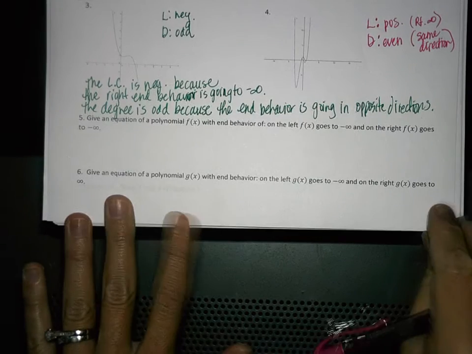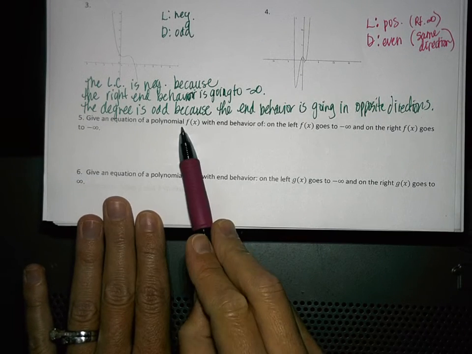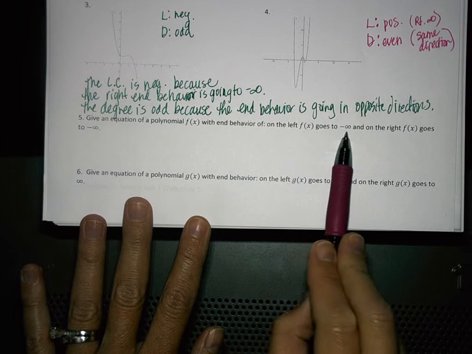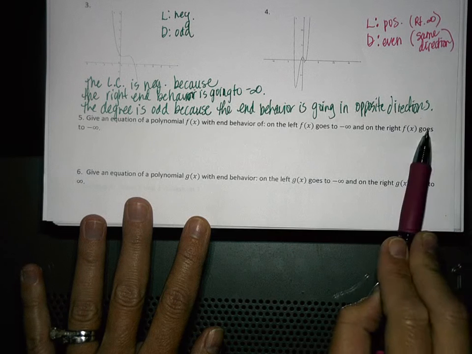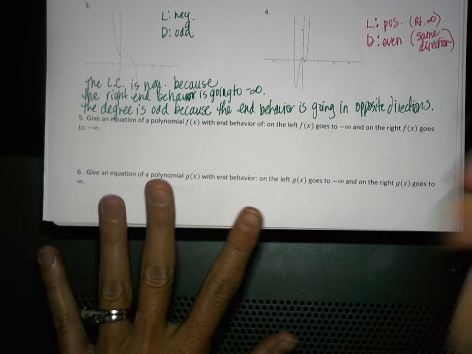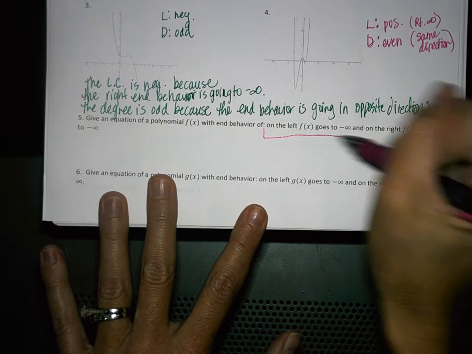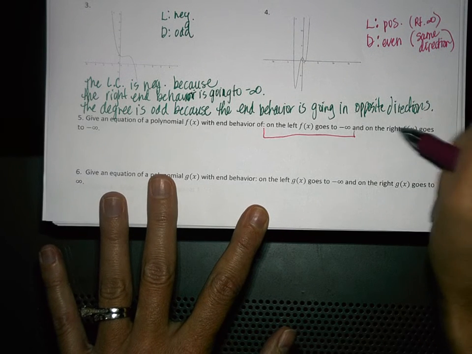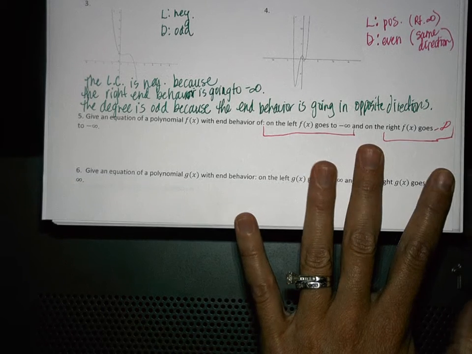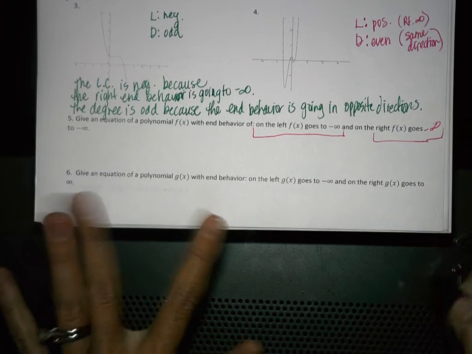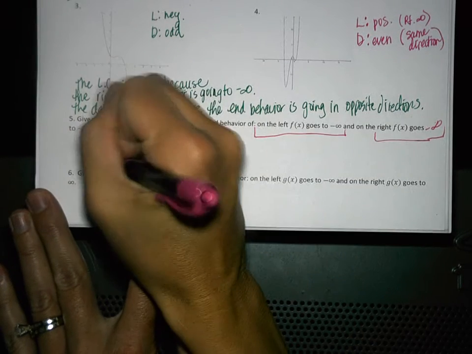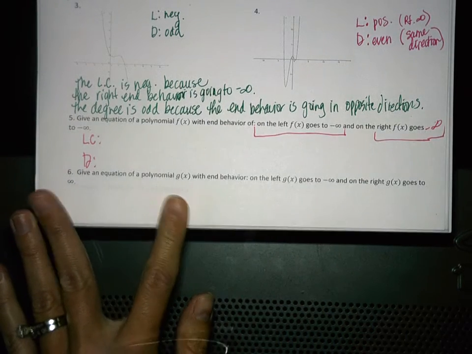Give an equation of a polynomial with end behavior of, on the left, f of x goes to negative infinity, and on the right, f of x goes to negative infinity. Okay. So on the left, if it's going to negative infinity, and on the right, it also goes to negative infinity, I'm just going to write it up here. What do we know about the leading coefficient and the degree? Okay, the leading coefficient is going to be what?